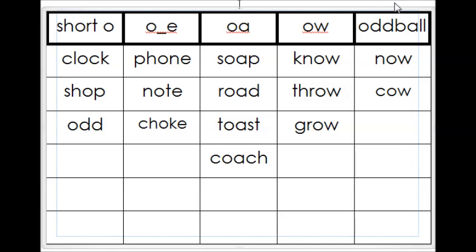And then our oddballs do not follow the rule of OW making the long O sound. These oddballs are the diphthongs saying ow. So if you have any questions on your homework, just rewind and you can write down the rules as I've told you.